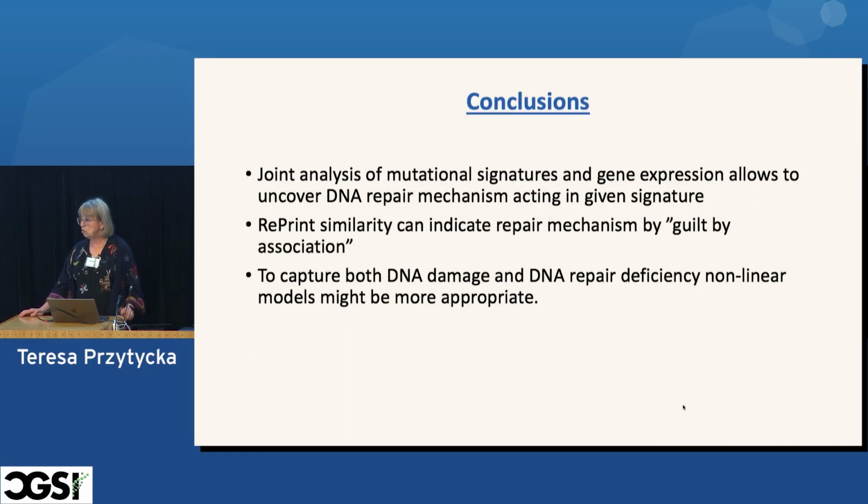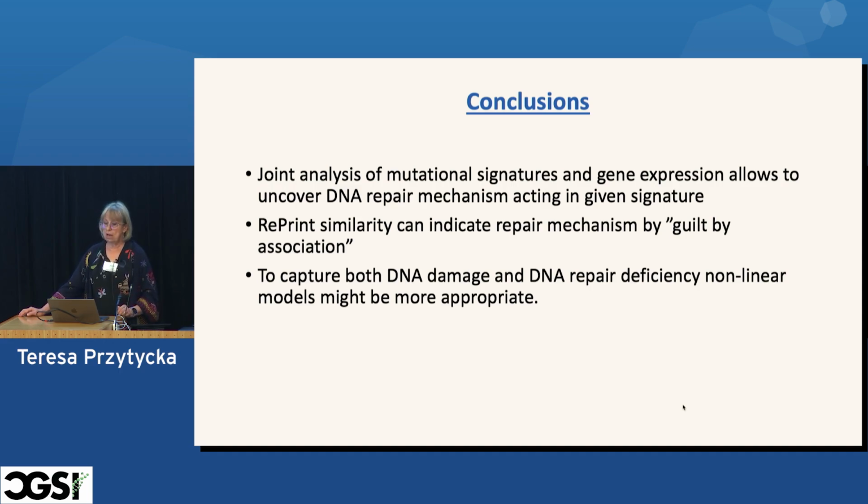So in conclusion, joint analysis of mutational signatures and gene expression allows us to uncover DNA repair mechanisms acting on a given signature, with, of course, the glass never completely full. Another way, this repair similarity that we introduced, can indicate repair mechanisms by guilt by association.